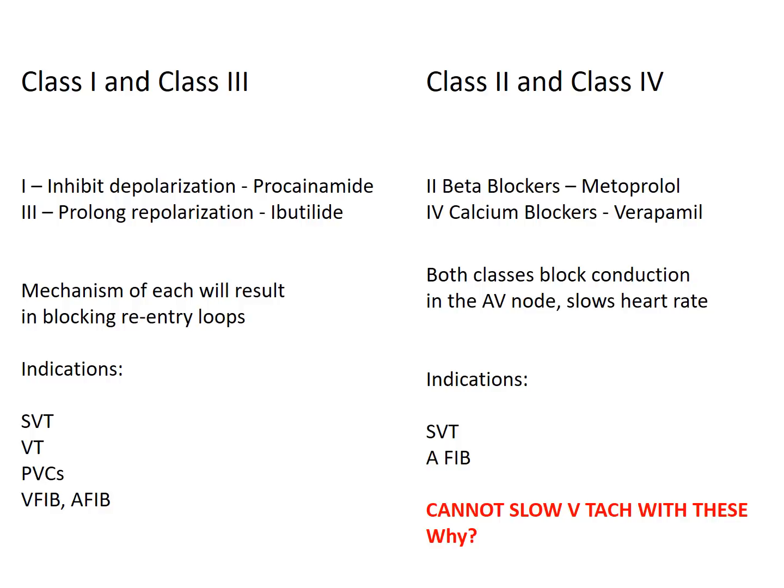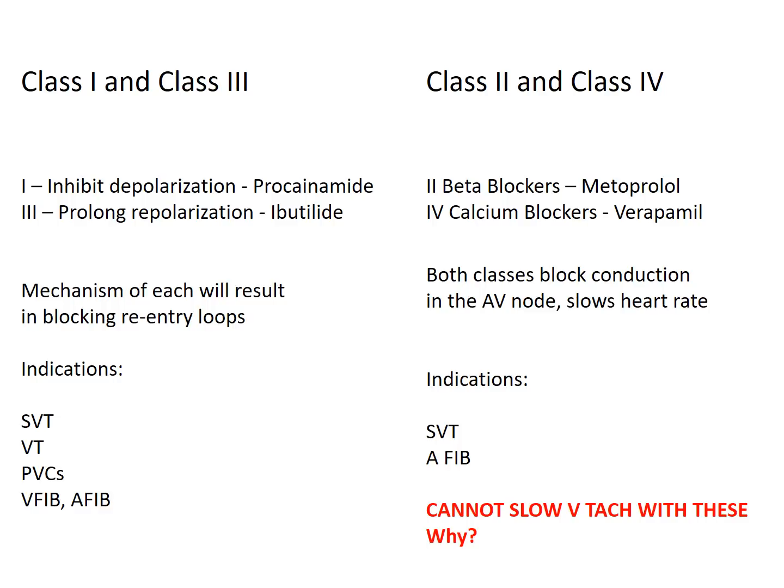So fast arrhythmias which involve the AV node, such as SVT and AFib, Class 2 and 4 antiarrhythmic drugs may be indicated to slow down the heart rate if that rate is too fast and the person is showing signs of hemodynamic instability or risk of hemodynamic instability.